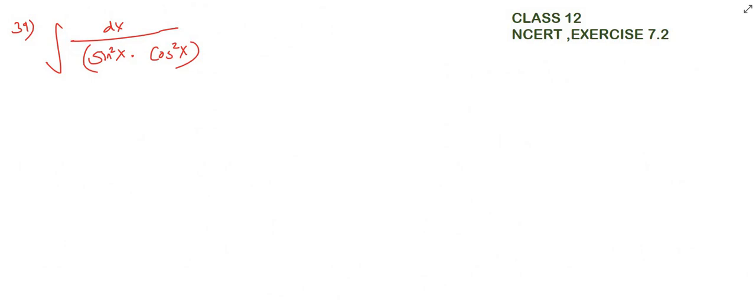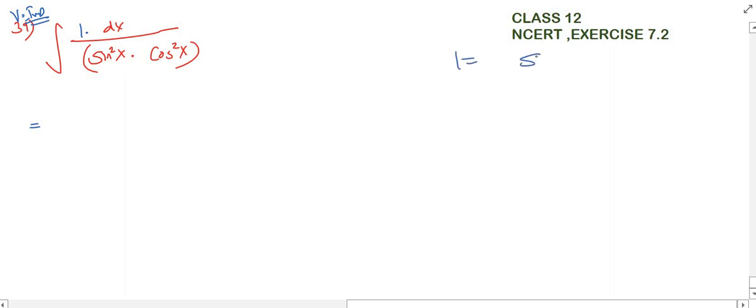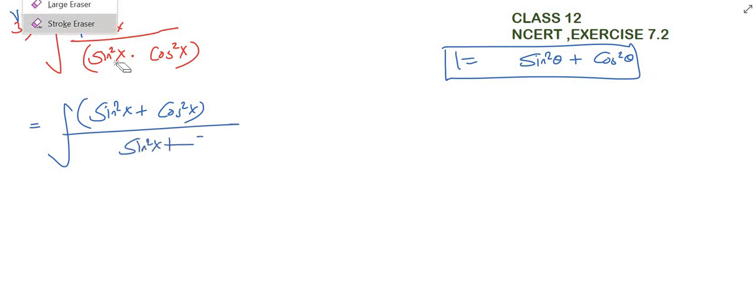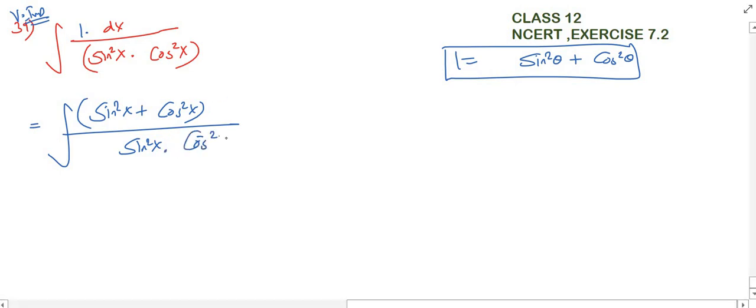This is a very simple and very important question. Sometimes it comes for 2 markers and sometimes for MCQs. इधर एक मैनिपुलेशन है. Do you know one is sin square theta plus cos square theta? You know this. So we are going to apply that here. 1, can I write sin square x plus cos square x by sin square x into cos square x?